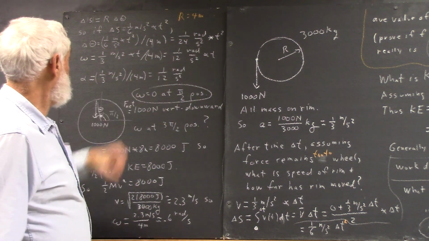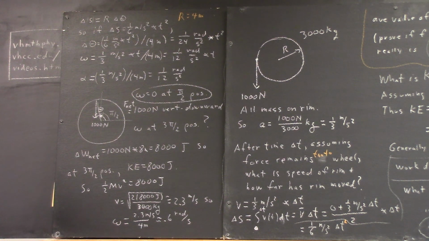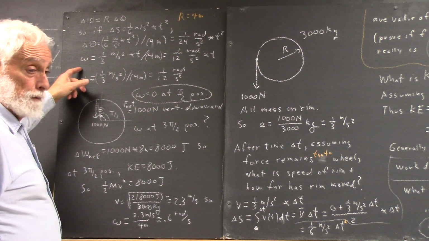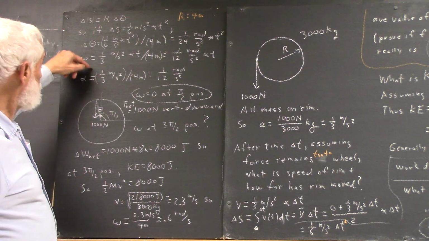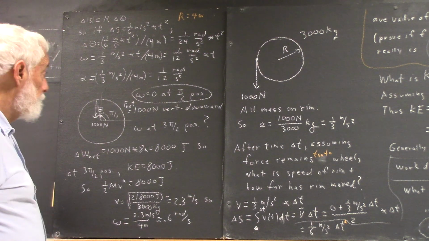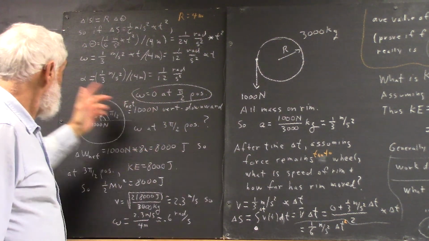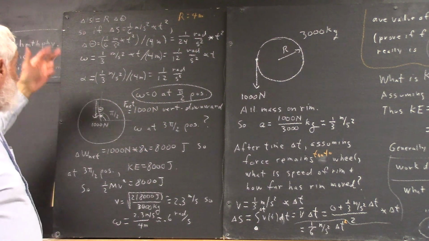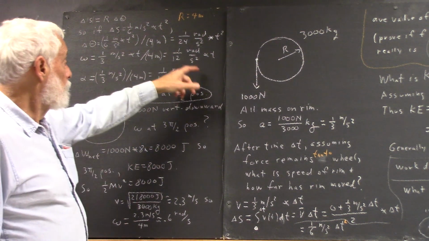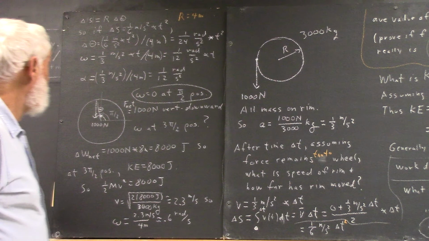Follows immediately. And from this, it follows that omega, being the derivative of theta with respect to t, is 1/12 radian per second squared times t, and then that the angular acceleration, being the derivative of the angular velocity, should be 1/12 radian per second squared.